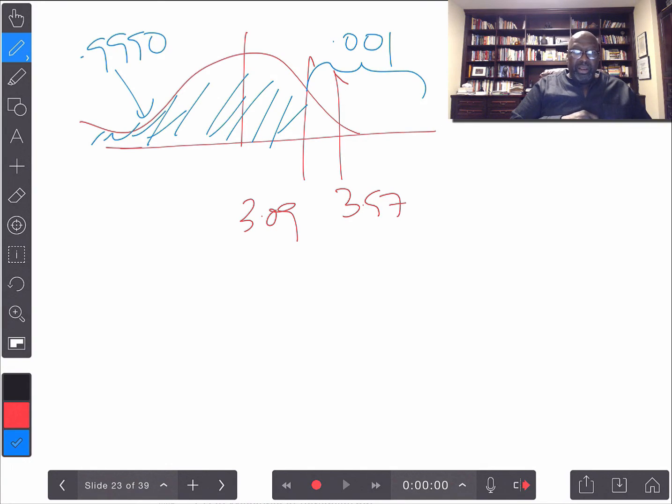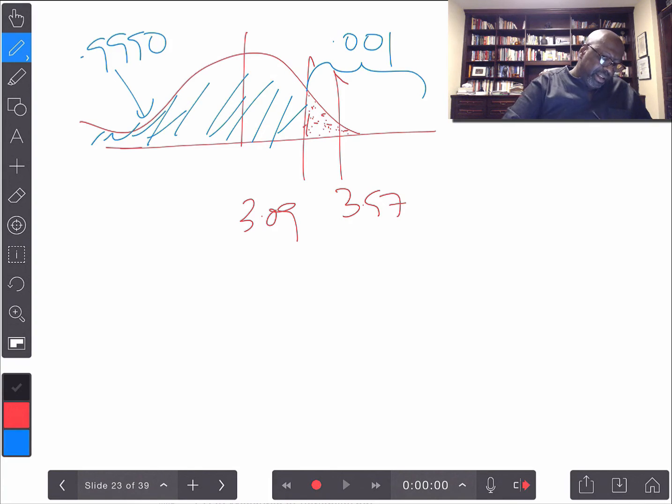That's what that area is. In other words, it would be all of this right here, everything going to the right, 0.001.